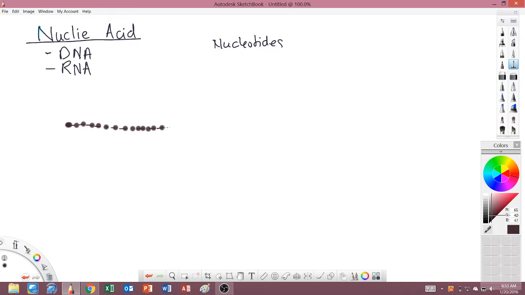All right. So when we talk about the anatomy of DNA or RNA or nucleic acid, let's start with the basic building block of nucleic acid, and that is the nucleotide. Now, a nucleotide is made of sugar, phosphate, what's the third one?